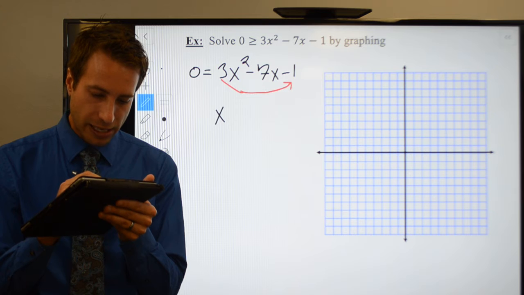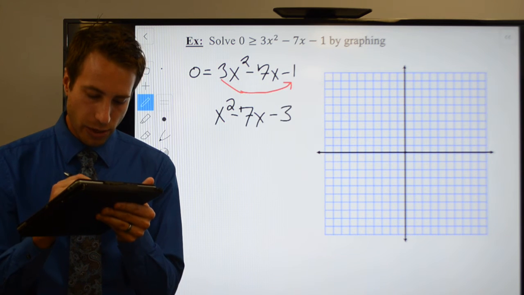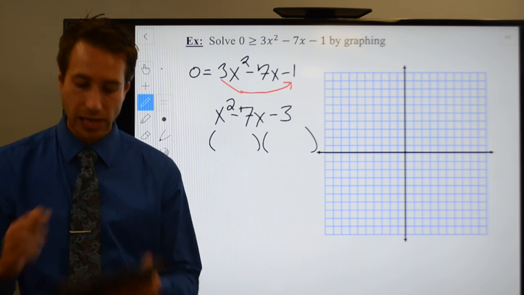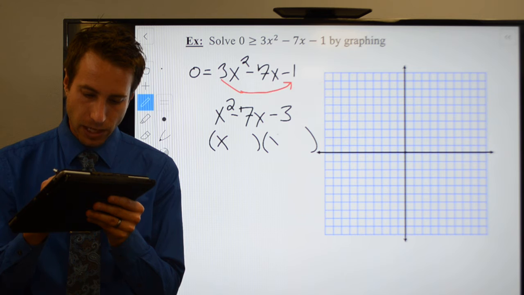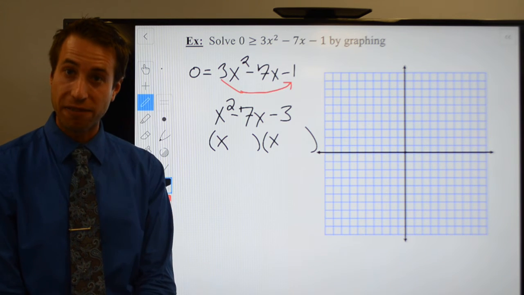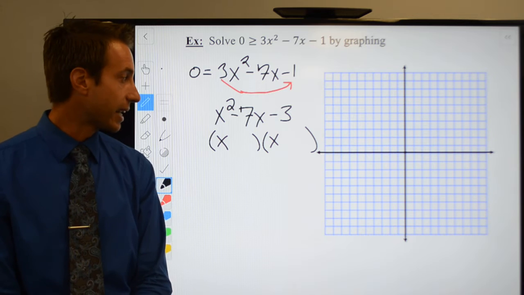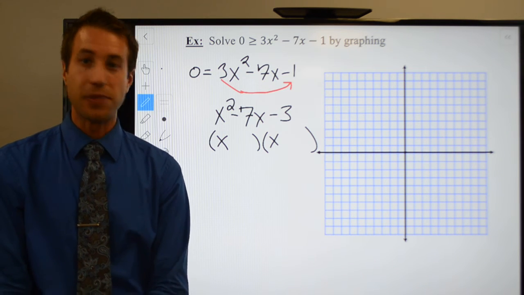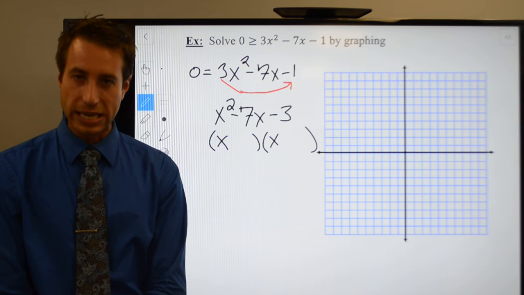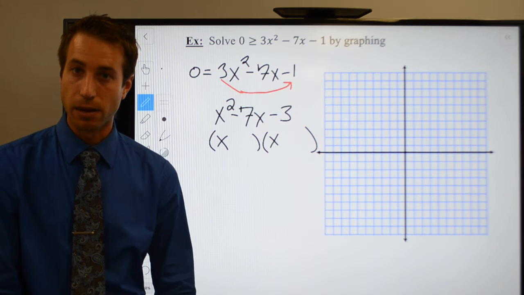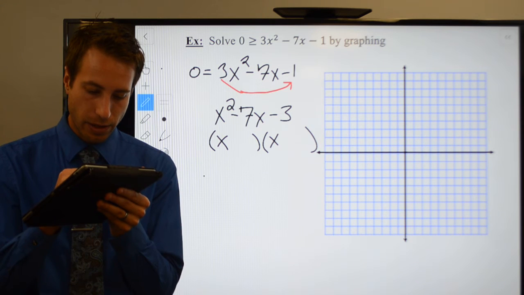So that gives me x squared minus 7x minus 3. Now, because my leading coefficient is a 1, I need two numbers that multiply to a negative 3 and sum to a negative 7.